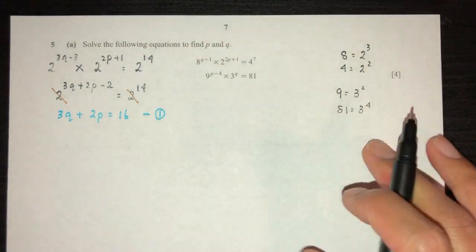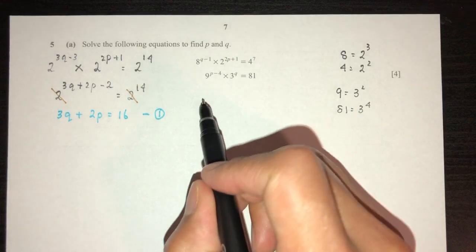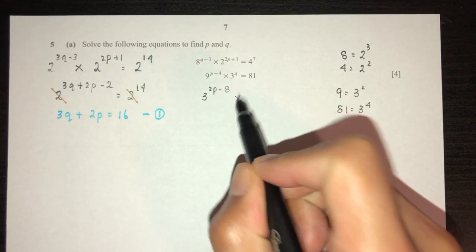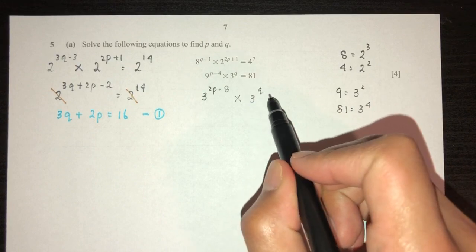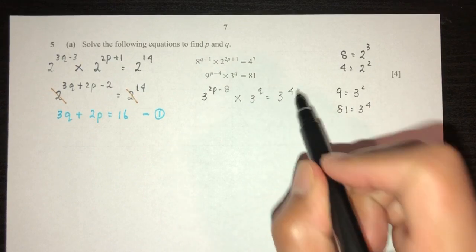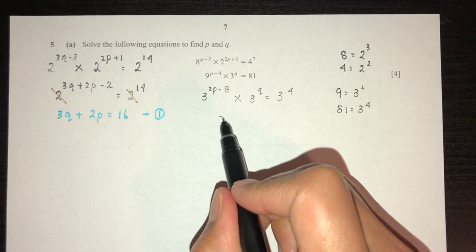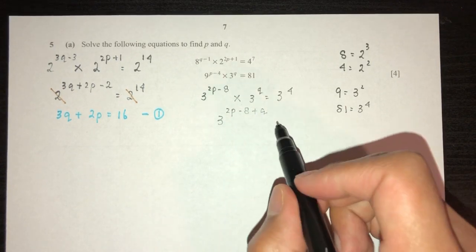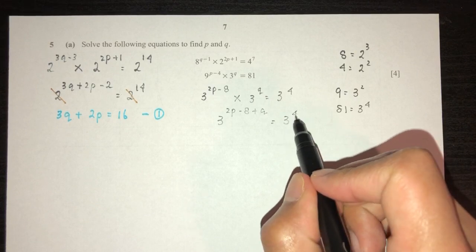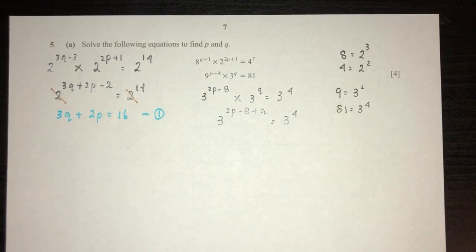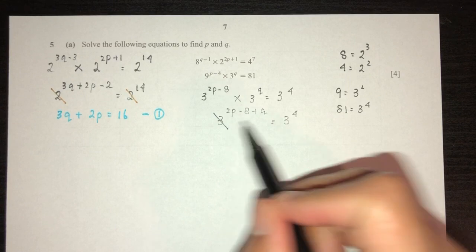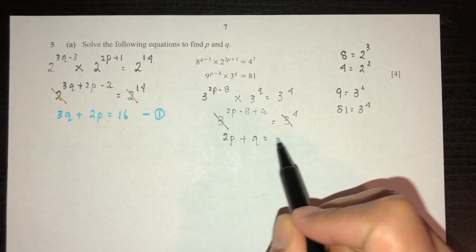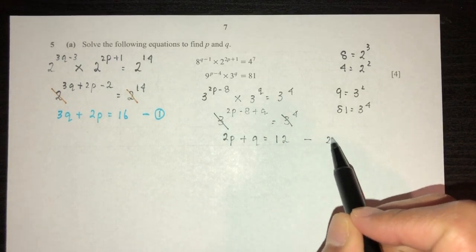Replace back in your equation, you will have 3 power 2p minus 8 times 3 power q equal to 3 power 4. Again simplify, you will have 3 power 2p minus 8 plus q is equal to 3 power 4. Same base cancel out, so you will have 2p plus q is equal to 12. That is your equation number 2.